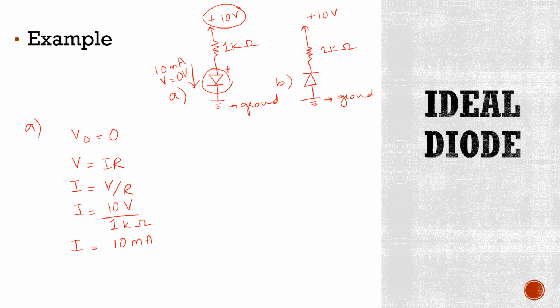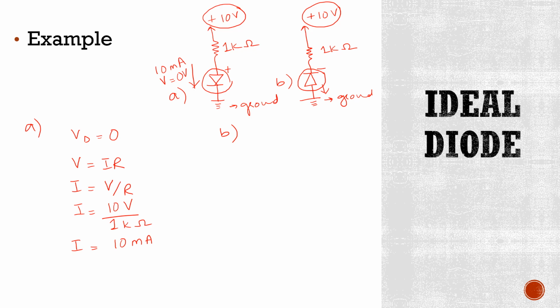Now, we will look at diode circuit B. As you can see, the positive terminal, that is anode of this diode, is connected to ground and positive voltage is applied to the negative terminal, that is cathode of the diode. So this diode is reverse biased and it is obviously cut off.